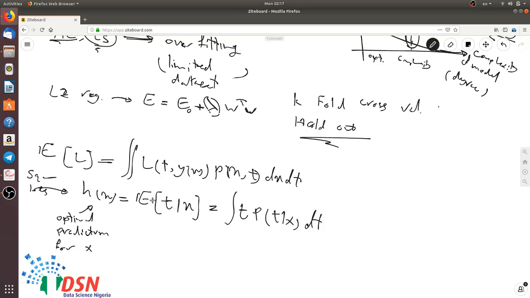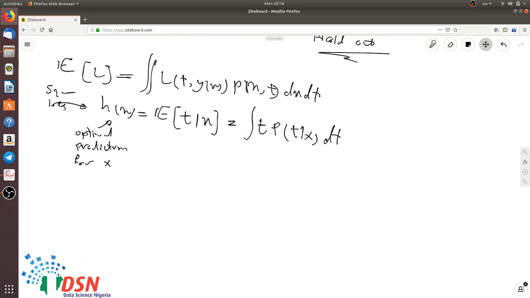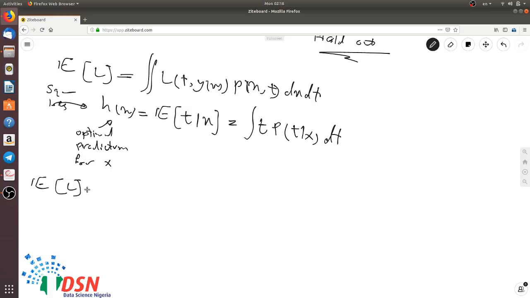Okay, we want to manipulate that a little to give more insight about this term. We have seen that we could write it this way.